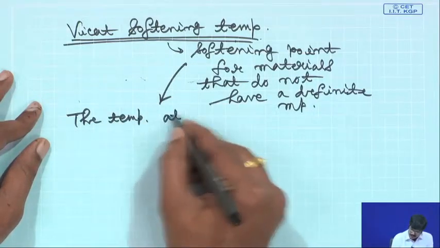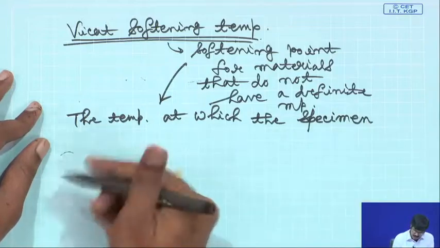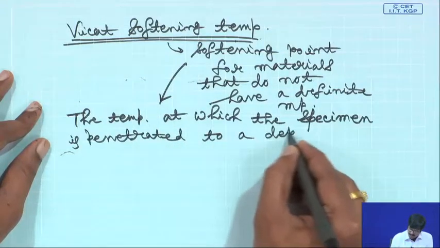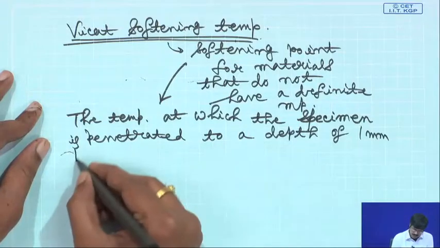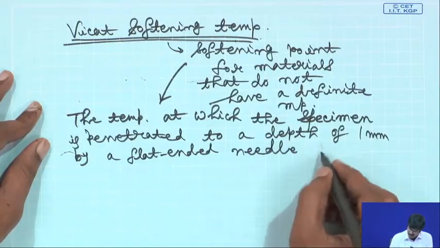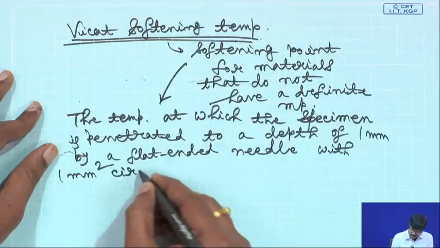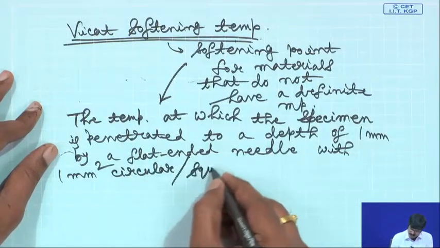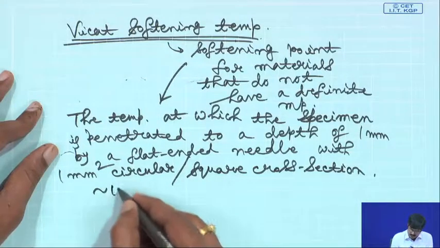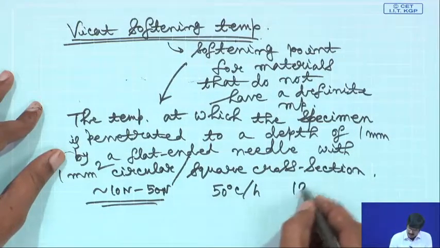It is the temperature at which the specimen is penetrated to a depth of 1 millimeter by a flat ended needle with 1 millimeter square circular or square cross section, and you are using a load of around 10 Newton to 50 Newton and a specific heating rate, say 50 degrees Celsius per hour or 120 degrees Celsius per hour.